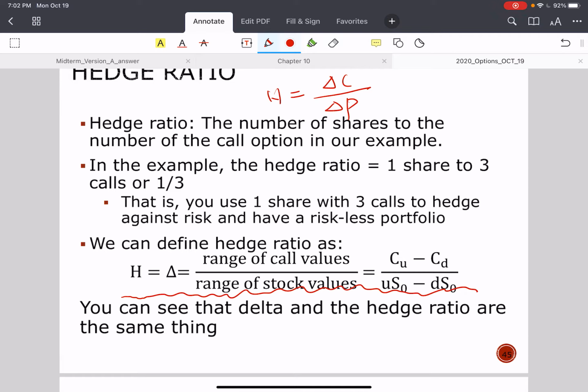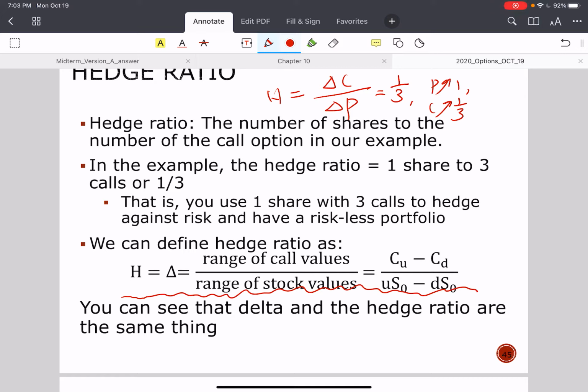Here P represents stock price, C represents the value of call options, and this equals 1/3. So what does this mean? It means that if stock price increases by 1, then option price increases by 1/3, right?